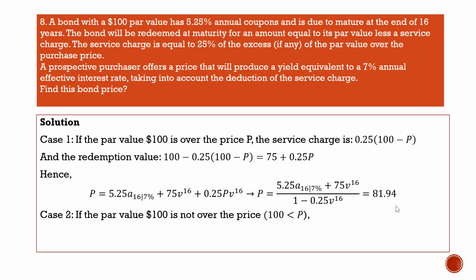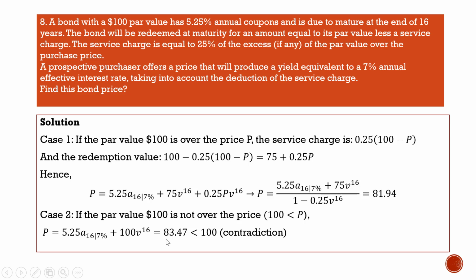Consider the second case. If the par value 100 is not over the price, that means 100 is less than P. So if the par value is less than the price, the redemption value is exactly 100, no service charge. So the present value P is 5.25 a_16 at 7% plus 100 times v to the 16, which is 83.47.